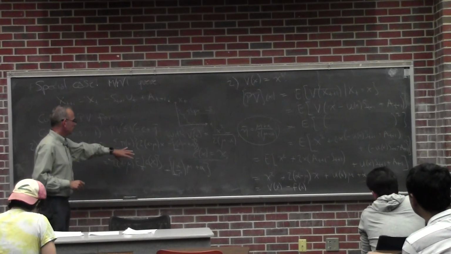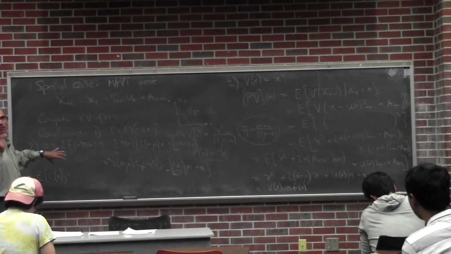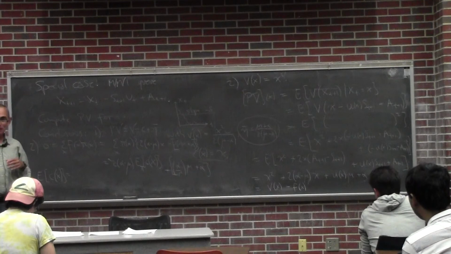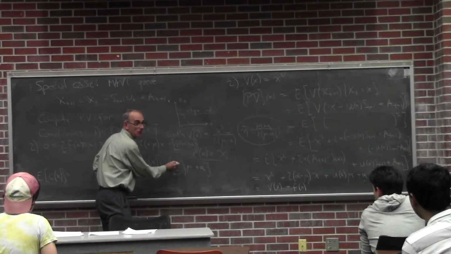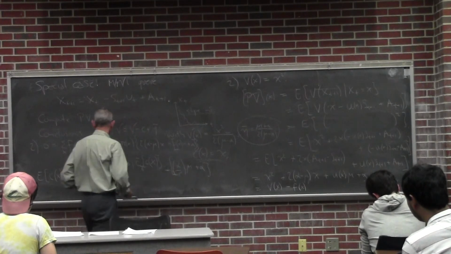And that's good, because I really want to bring this to the other side, because mu is bigger than alpha. The service rate is bigger than the arrival rate. Alpha is less than mu, rho is less than 1.